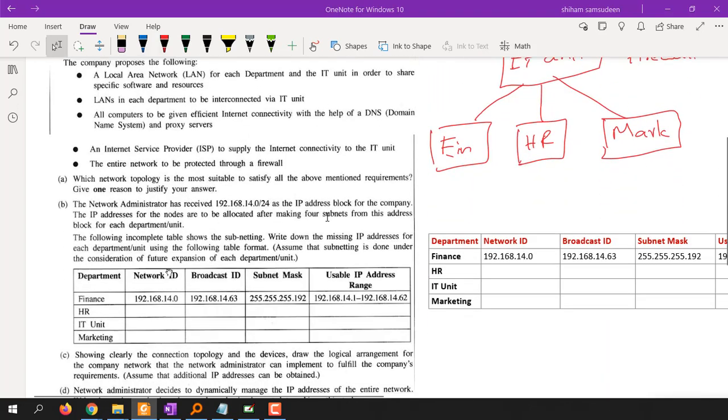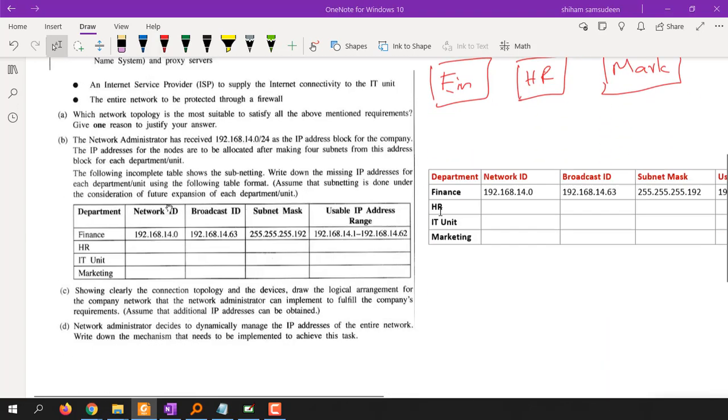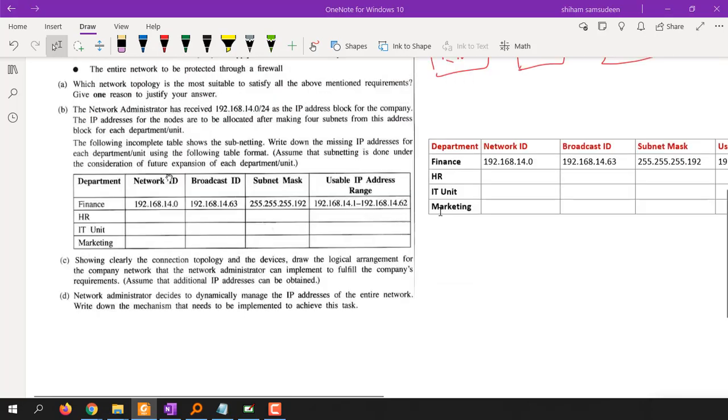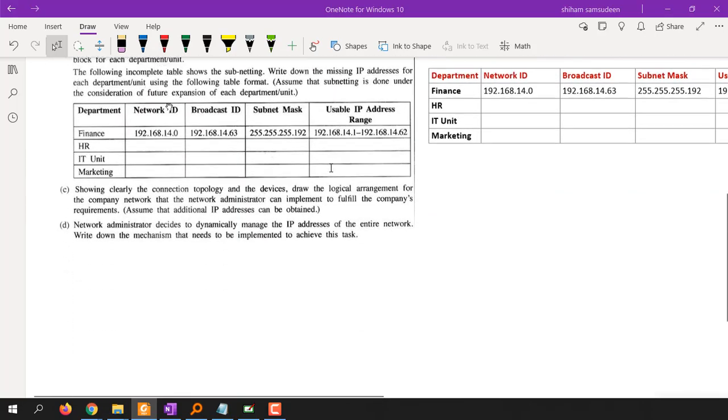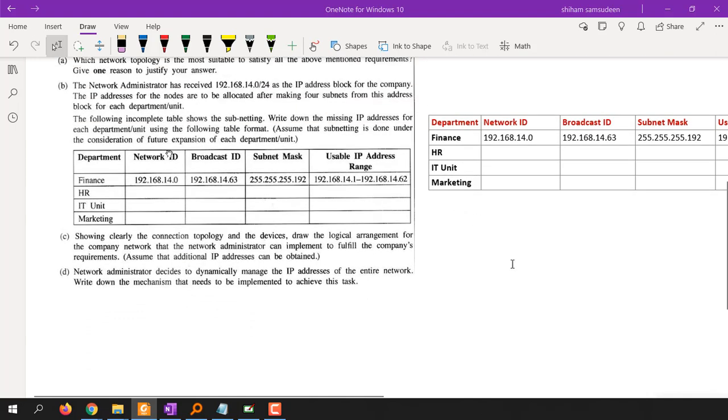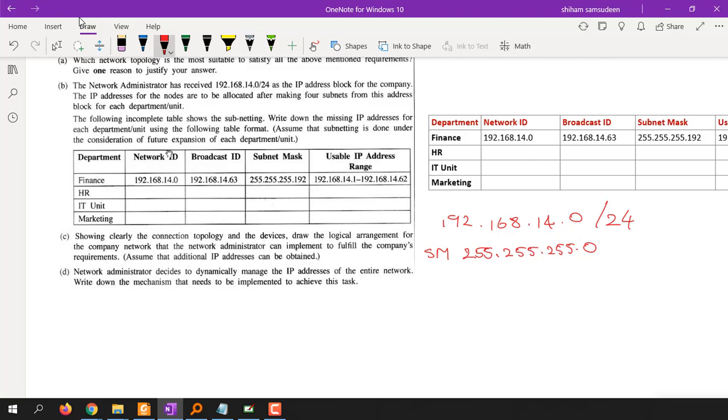All right, so the key point here is we need to make 4 subnets, right? And we are given an IP address here. So I'll just write down the IP address. We have 24 bits for the network, so these are network bits, and we have 8 bits for the hosts, right?